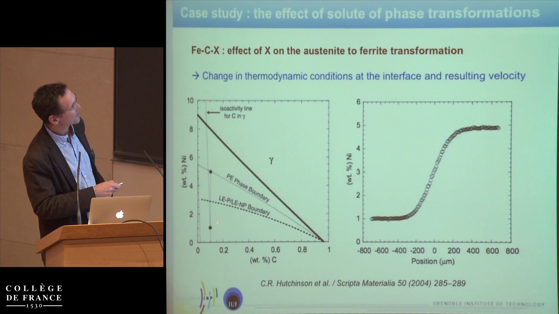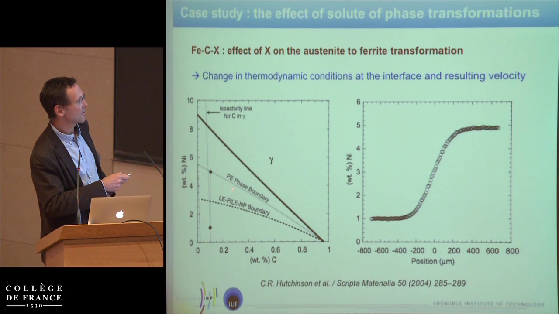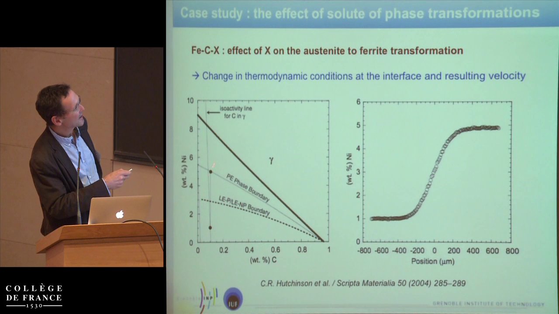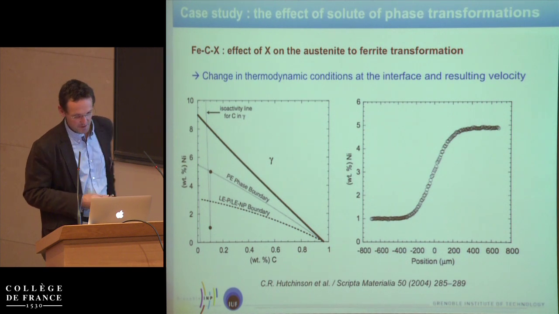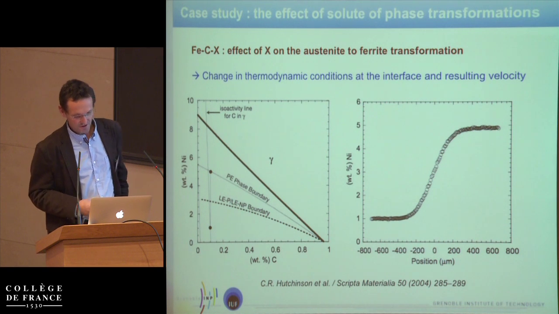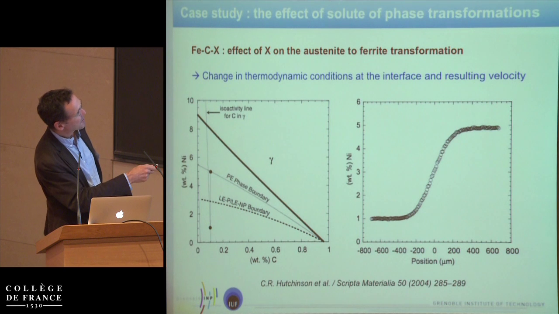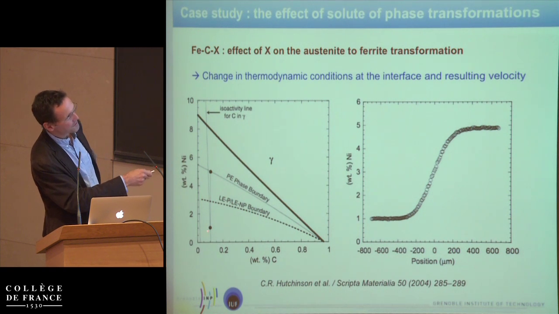And depending on the nickel content, you can go from what's called paraequilibrium to local equilibrium with partitioning or without partitioning. And these different thermodynamic conditions at the interface result in very different microstructures that you can observe. And so you want to know after which composition you go from one to the other.